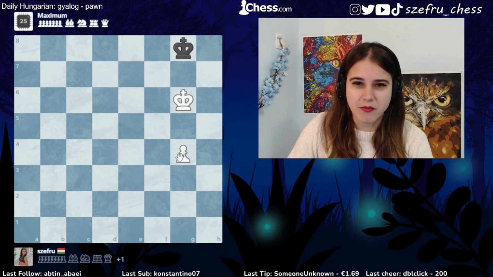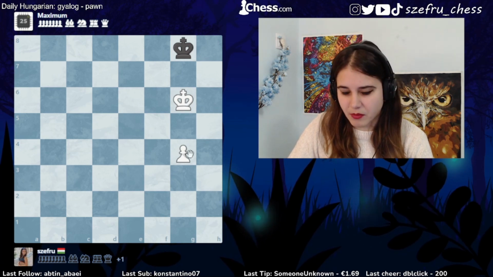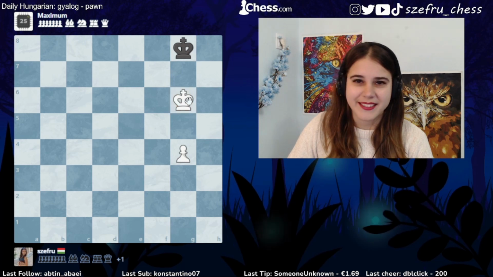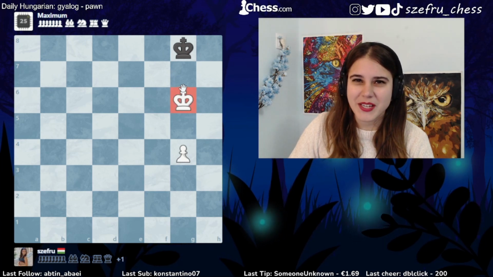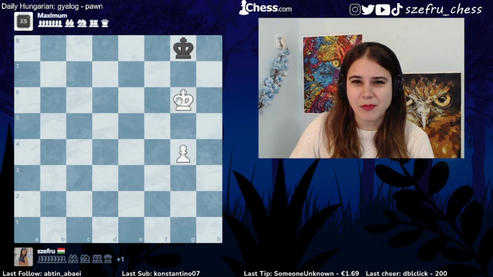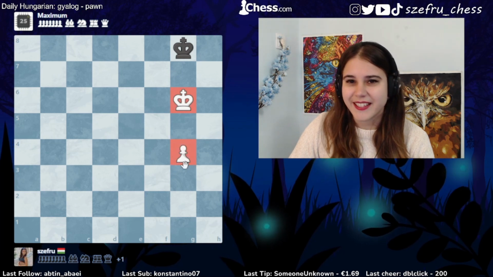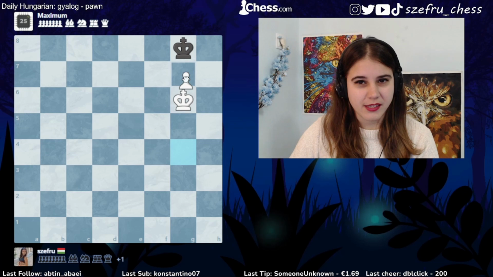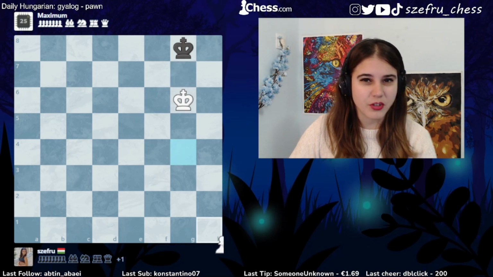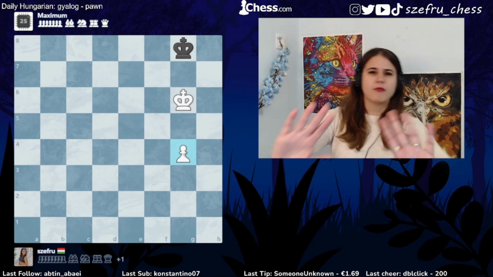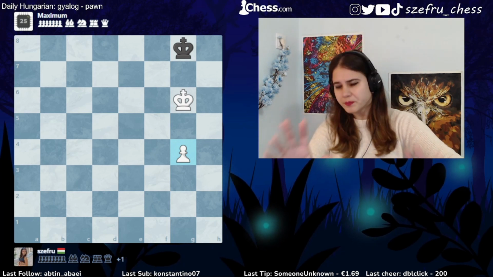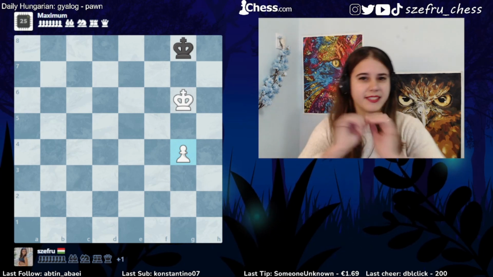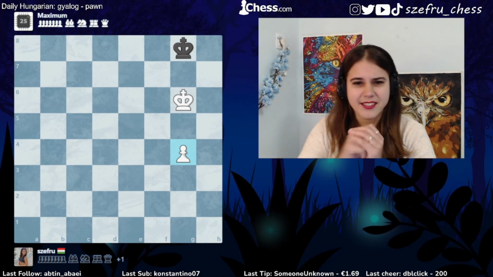The king should be in front of the pawn. I explained this before, I think, on stream. It's a weird analogy, but let's say the king is the dad, the pawn is the child. Well, which dad would push the child first? Okay, if there is some danger, you will protect me, my child. There is nothing to worry about.